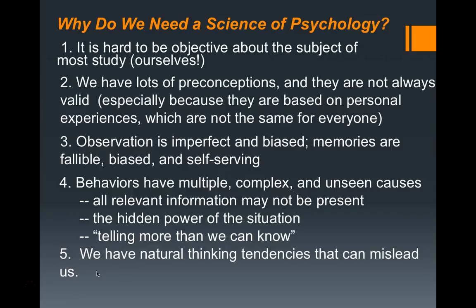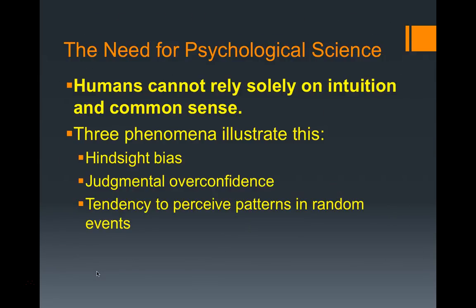And finally, we have natural thinking tendencies that can mislead us. And of course, the halo effect, this selective perception based on initial preference, is an example of a natural thinking tendency that can, in fact, mislead us. But we can also talk about some natural thinking tendencies that are talked about in your textbook as well.